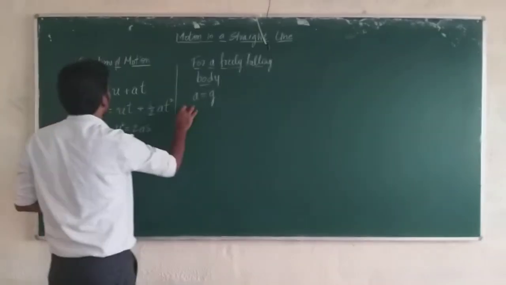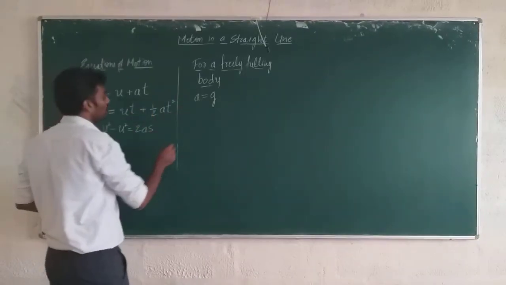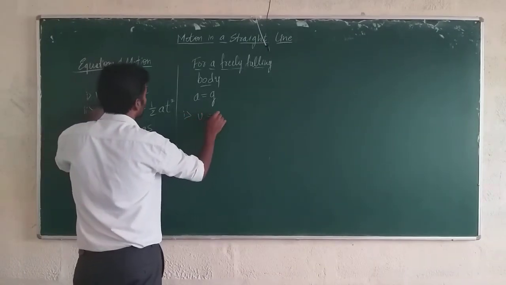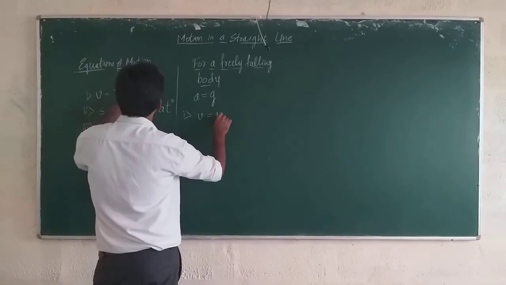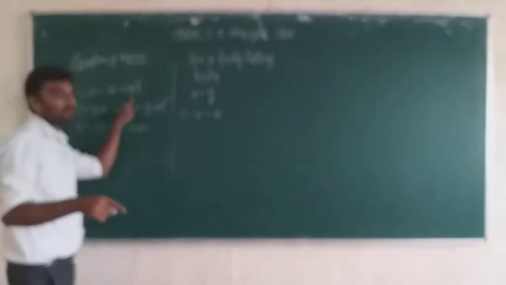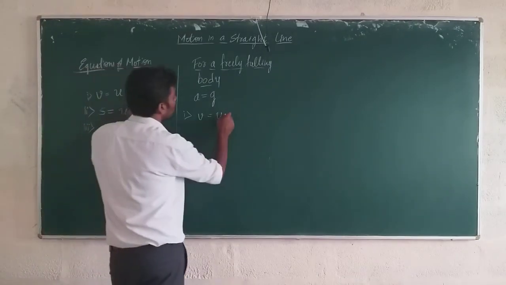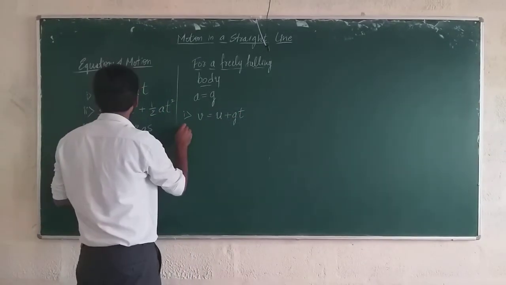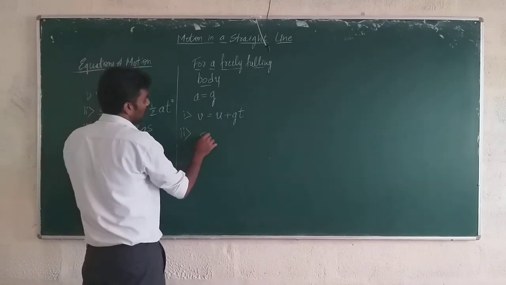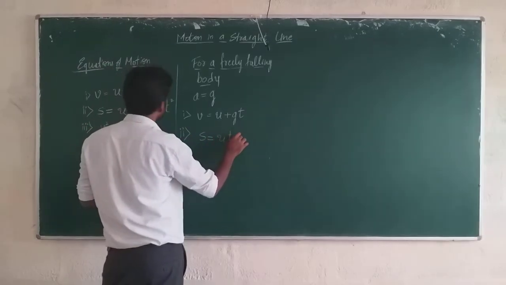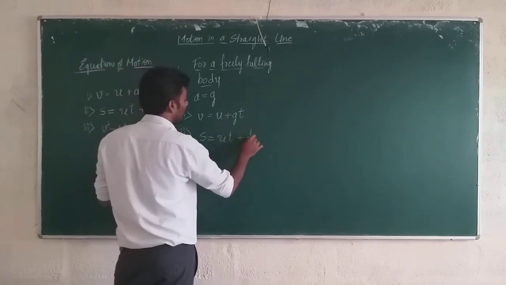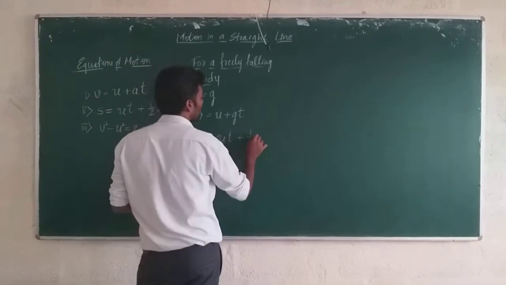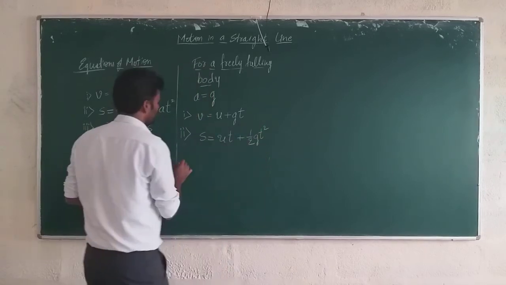So the equations of motion for a freely falling body will become: final velocity v is equal to u, instead of a, I now put g, so v = u + gt. Second, distance traveled s = ut + half gt squared.